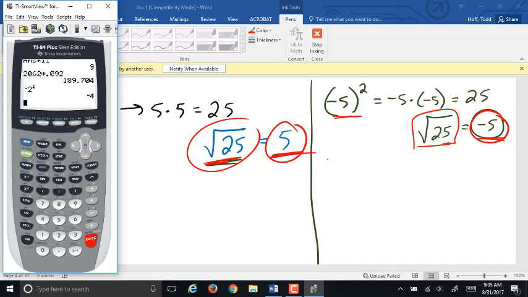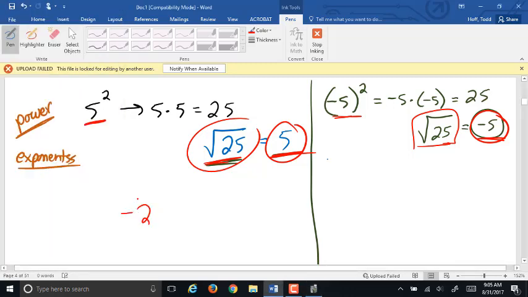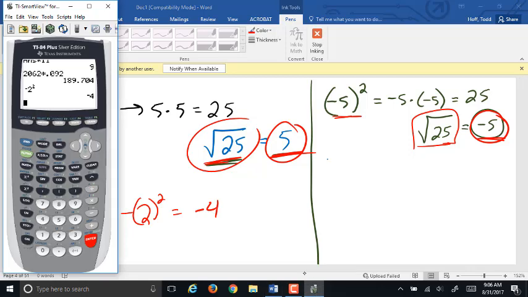A power happens before a negative. So what this is doing here is it's actually squaring the 2 to get 4, and then it's applying the negative to it. So on my calculator, to make this work as a negative 2 squared, I actually do have to put the parentheses in, negative 2 in parentheses, and then hit the x squared. So in parentheses, negative 2, close the parentheses, and x squared. Now it will give me the correct answer of a positive 4.